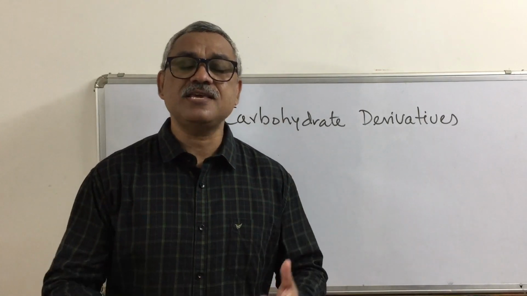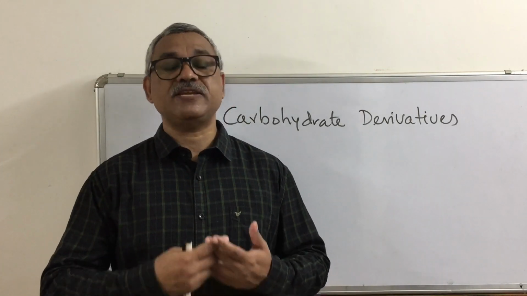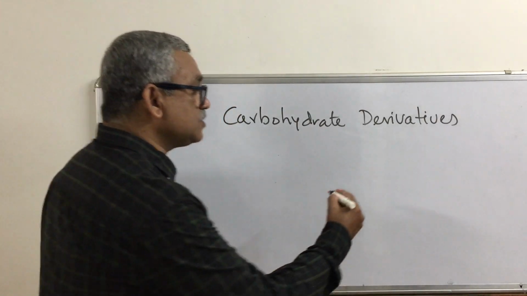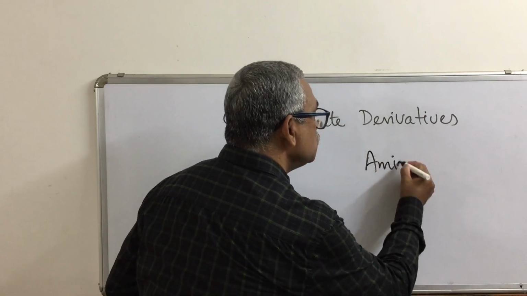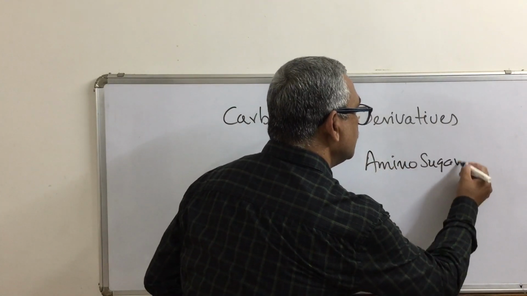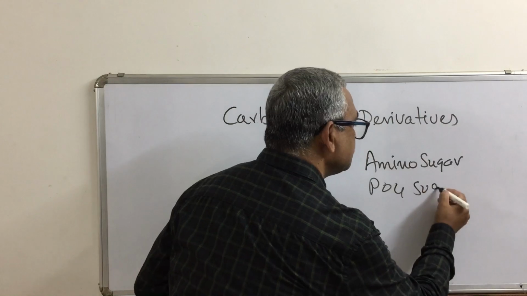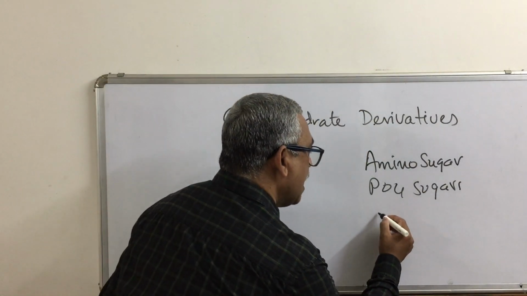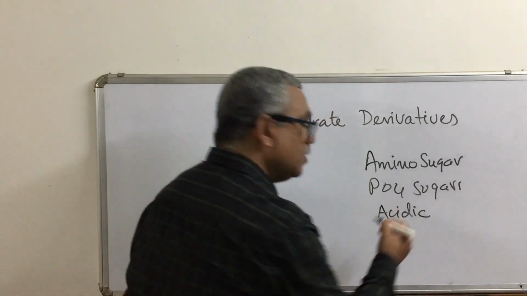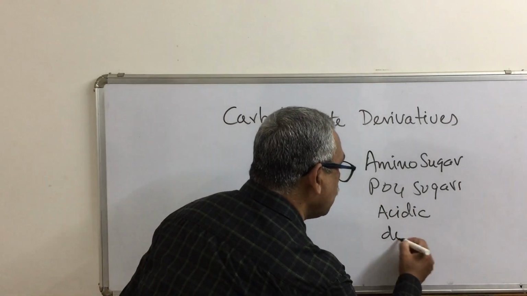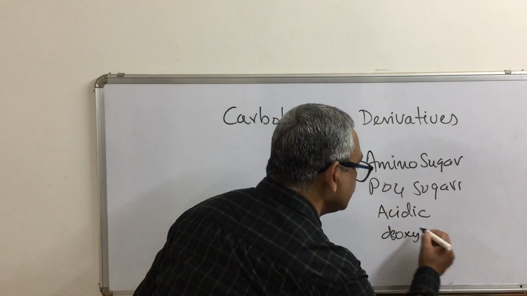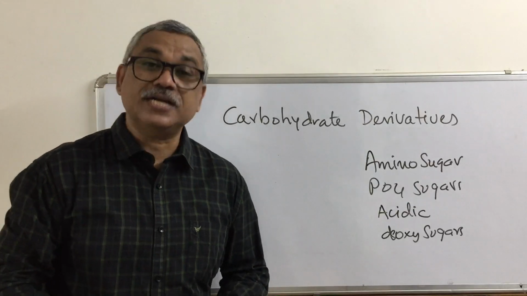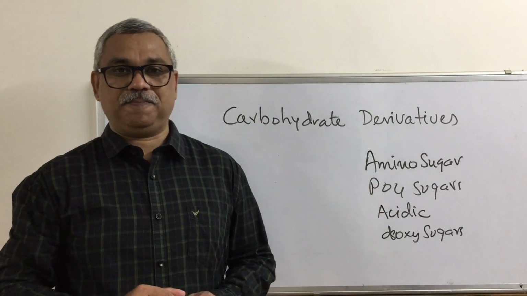We will look at various modified forms or derivatives of carbohydrates, like phosphate derivatives, amino sugars, phosphate sugars, and the acidic forms. We will also look at deoxy forms. So these are some of the sugar derivatives we are going to address today.